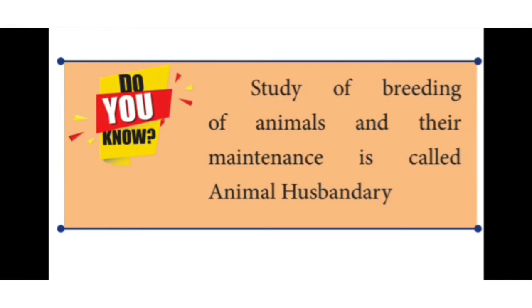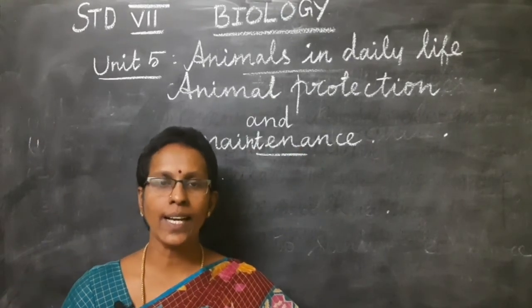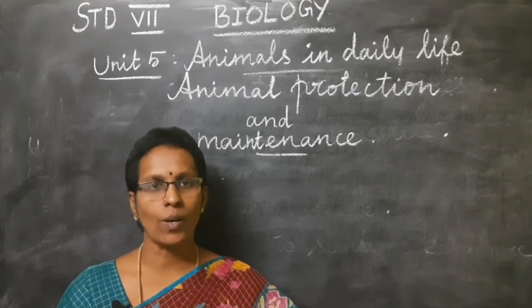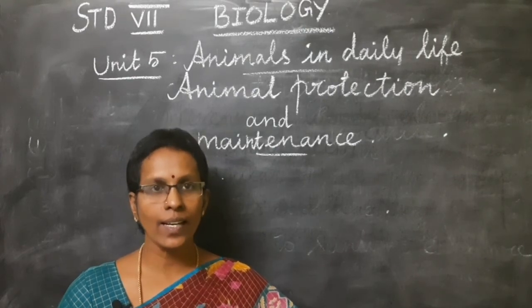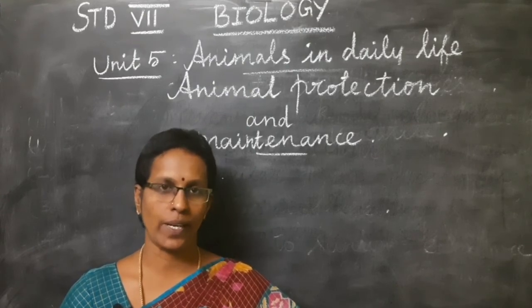Study of breeding of animals and their maintenance is called animal husbandry. Animal protection and maintenance: protecting animals is like protecting our own children or parents. They are also living things similar to human beings.